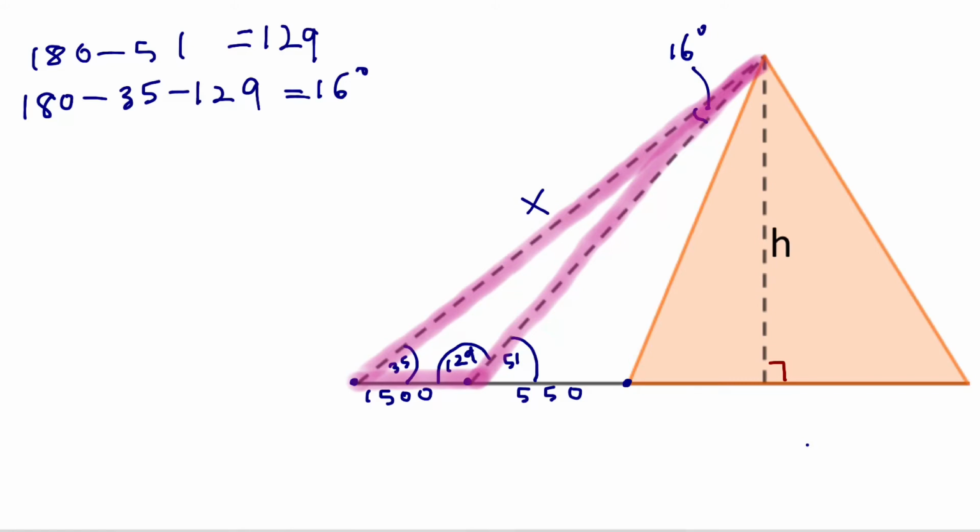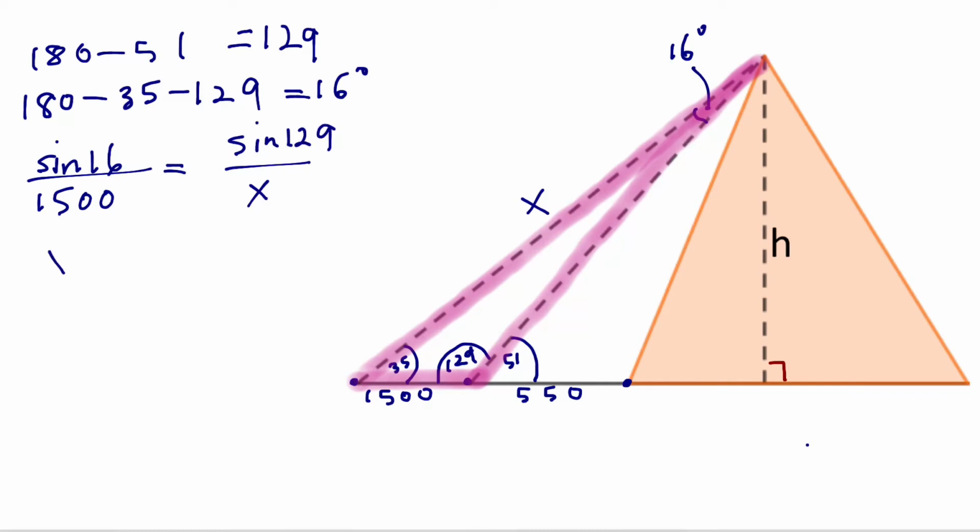Since I know this side right here, I can set up the law of sines because I have 16, the angle opposite this side, which is 1500. So sine of 16 over 1500 is equal to sine of the angle across from x, which is 129, over x.